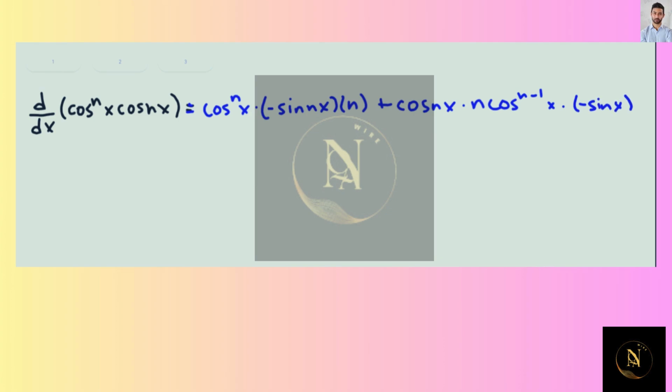Now we have these two terms, and let's see what we can factor out of both. So they both have an n, so we'll factor that out. And they both have cosine of x to varying powers. We can factor out cosine of x to the n minus 1 power.